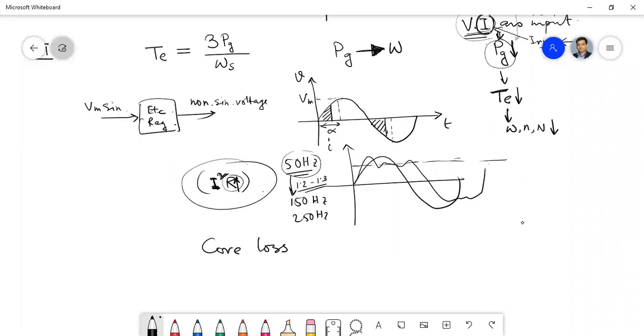But that is true for the 50 hertz assumption, the power frequency assumption. Always we design the transformer based on the power frequency, that is the 50 hertz. So in the 50 hertz, it is quite away from the resonance condition.